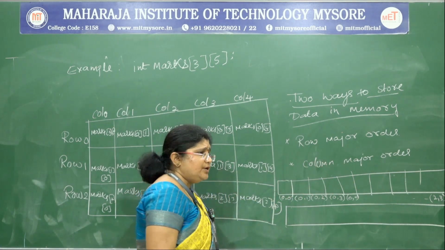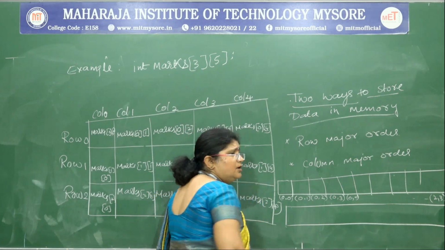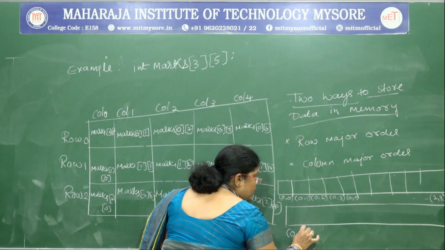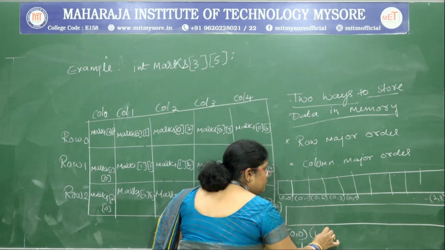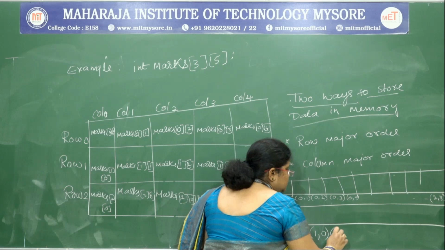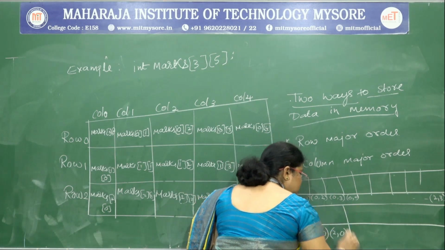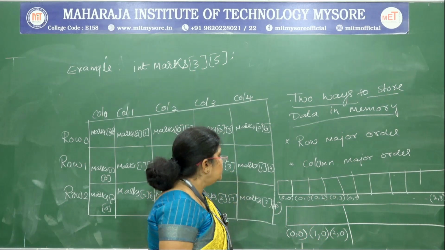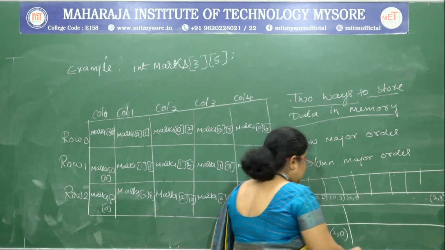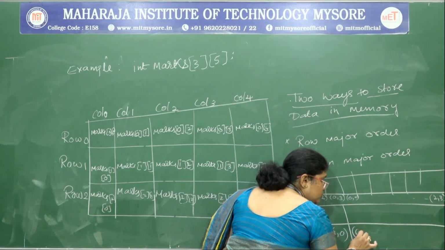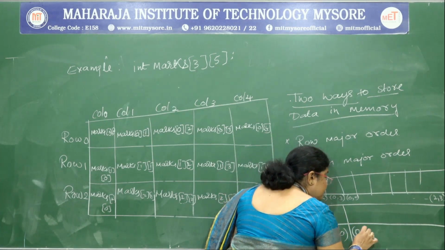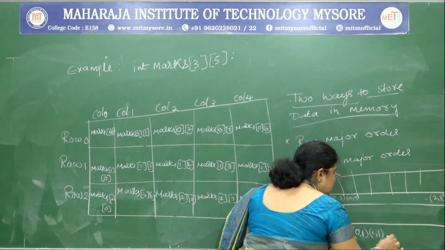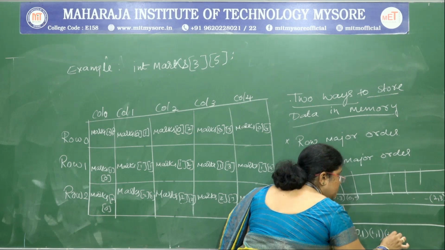In column major order, first the 0th column: 0 row 0 column, 1st row 0 column, 2nd row 0 column. This is one part. Next it jumps to the next column, that is 0th row first column, first row first column, second row first column.